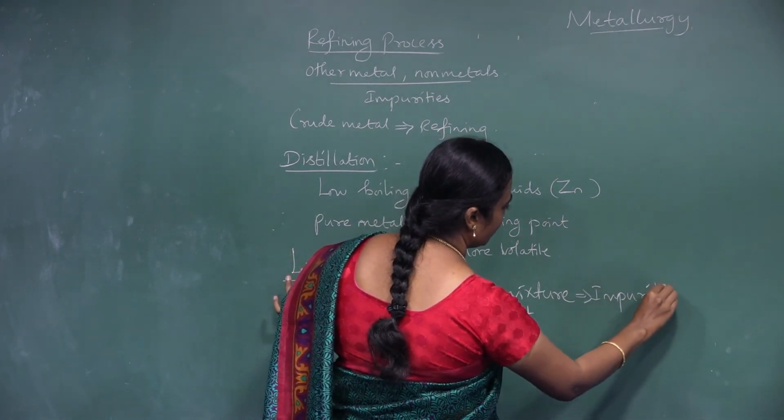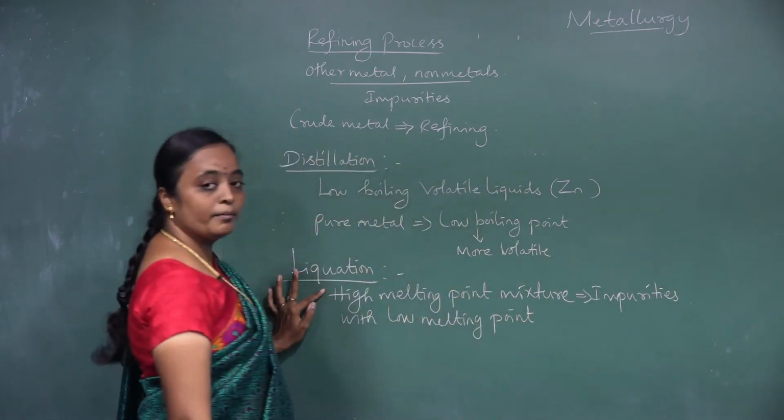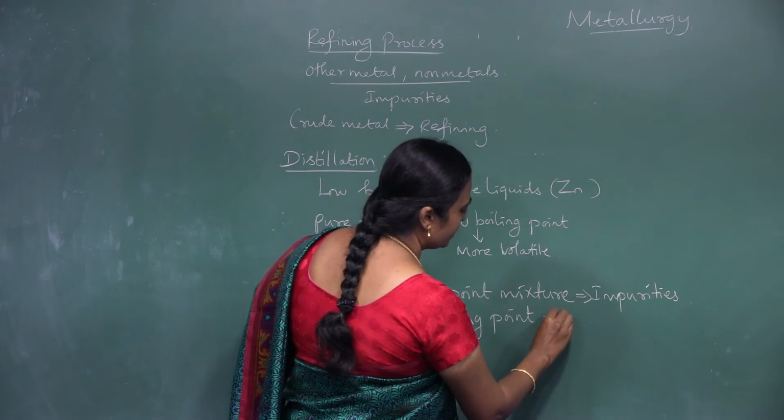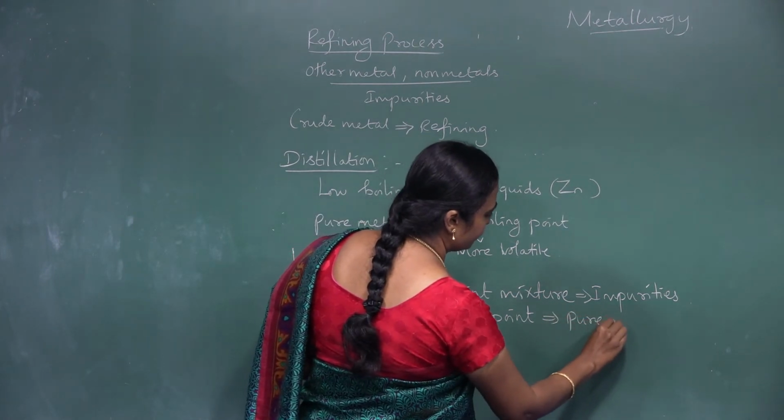So usually the impurity has a high melting point, and the low melting point refers to the pure metal.